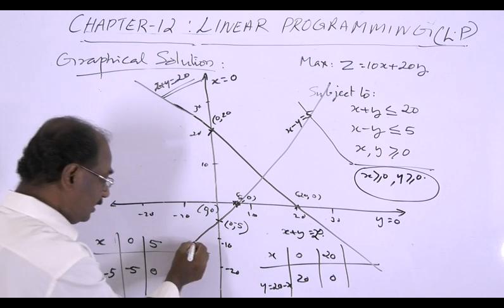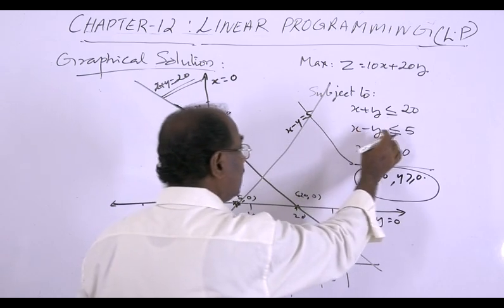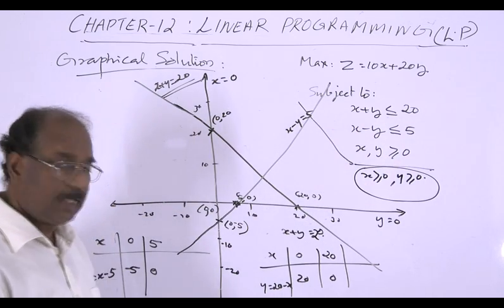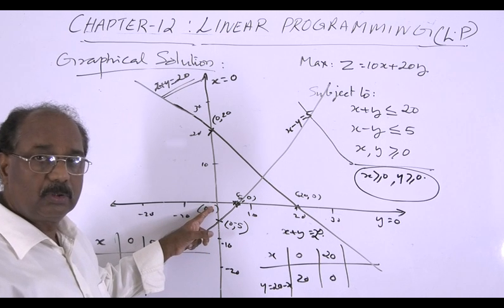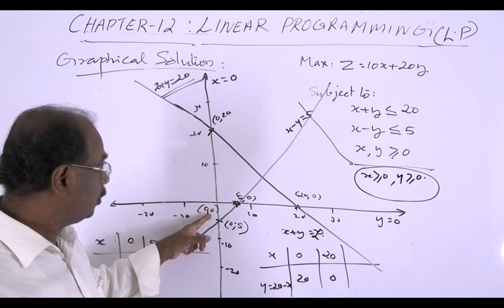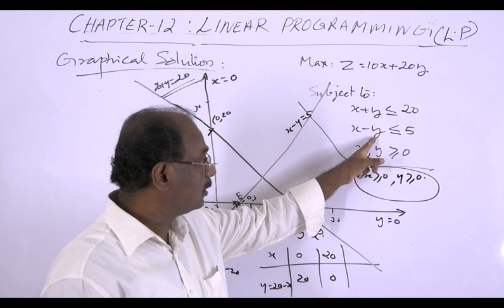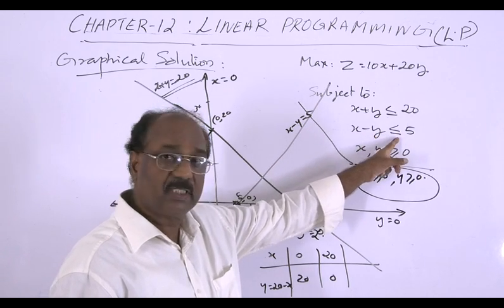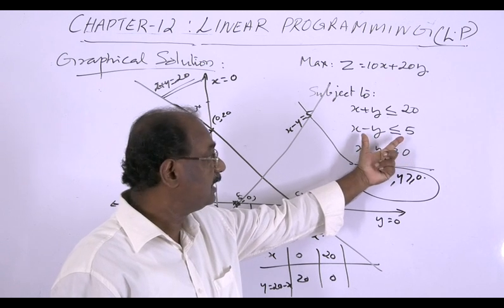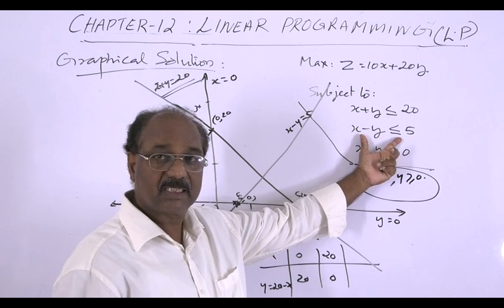Then identify the region x minus y less than or equal to 5. So choose the origin, put x equal to 0, y equal to 0, 0 minus 0, clearly less than 5. So origin comes in this region, x minus y less than or equal to 5.